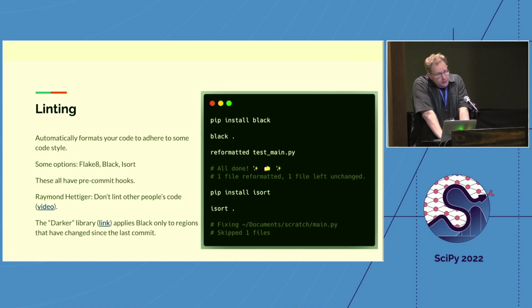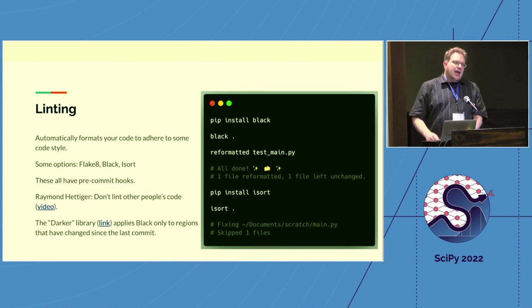One bit of caution I will have about linting, though, is you don't want to lint other people's code. If you're starting with something a lot of people have worked on, and then you just throw it into black or something, whenever people run git blame or git annotate, they will just see whoever changed each file last, and it's probably going to be the person who just put it into black formatting.